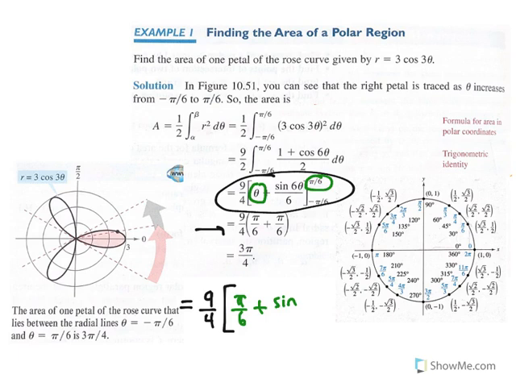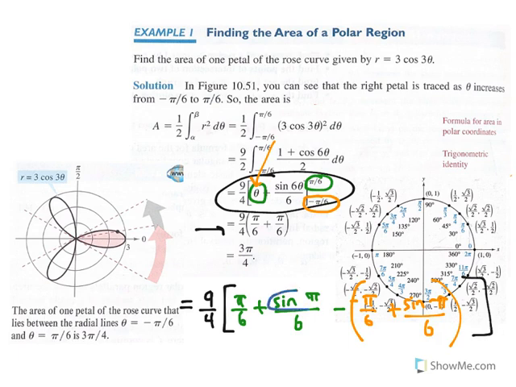So 6 times pi over 6 is pi, all of that over 6, minus, so we're going to substitute negative pi over 6 for theta, which will be negative pi over 6, plus sine of 6 times negative pi over 6, which is negative pi, all over 6.